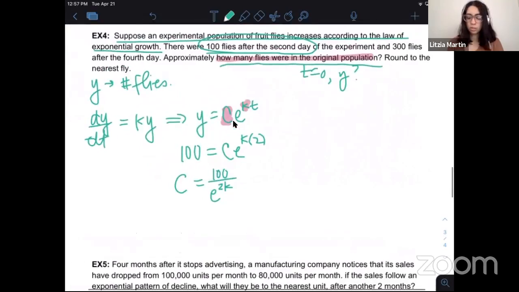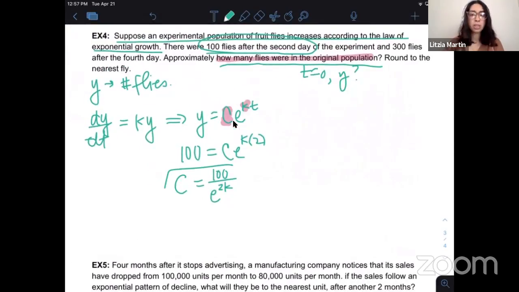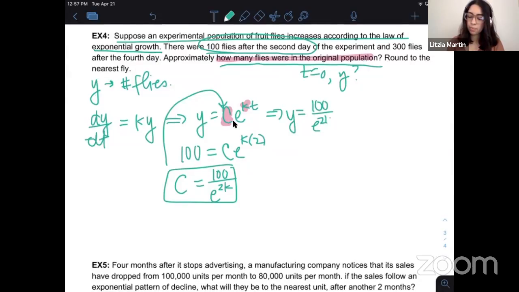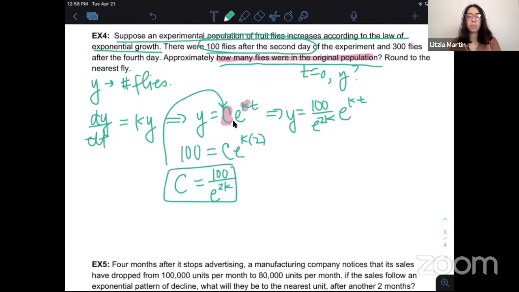From here, we know what c is equal to. It's not necessarily an exact answer, but we can take it and plug it in to that C value. So we know it's going to be 100 over e to the 2k times e to the kt.